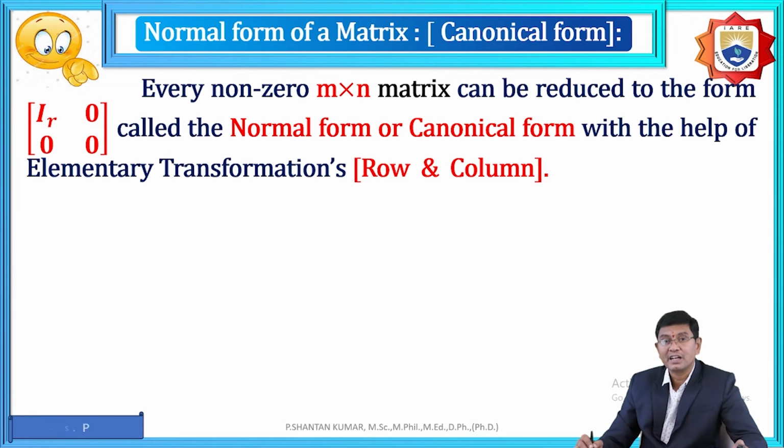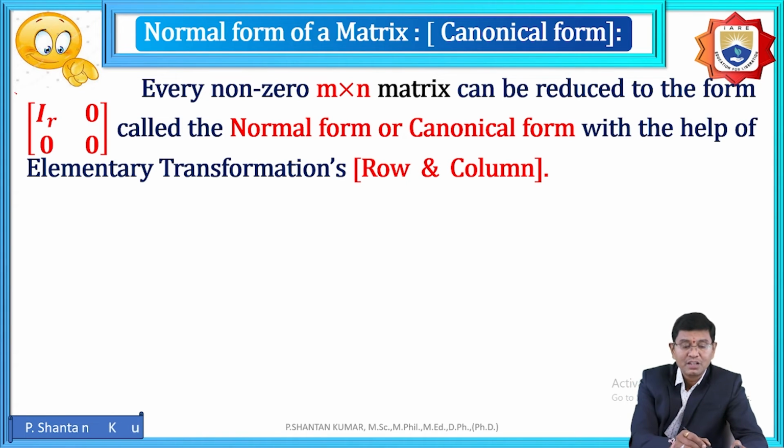In the previous method, echelon form, we used only row operations, but for the normal or canonical form, we apply column operations along with row operations.